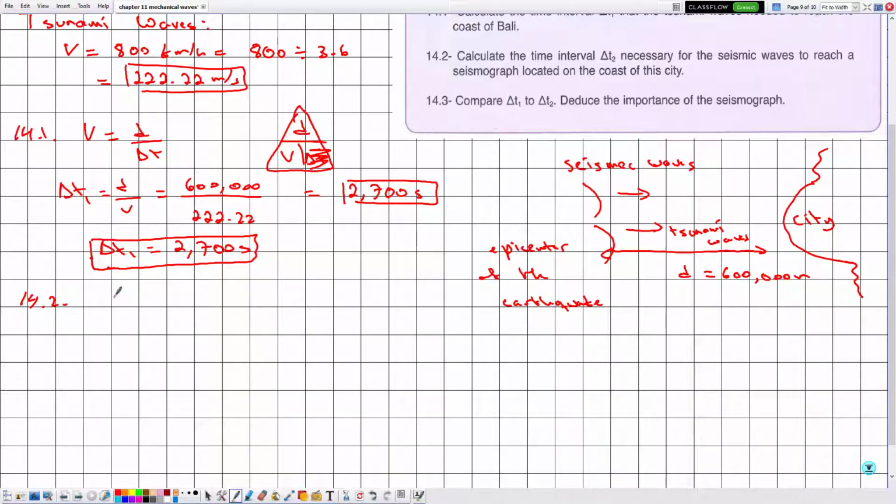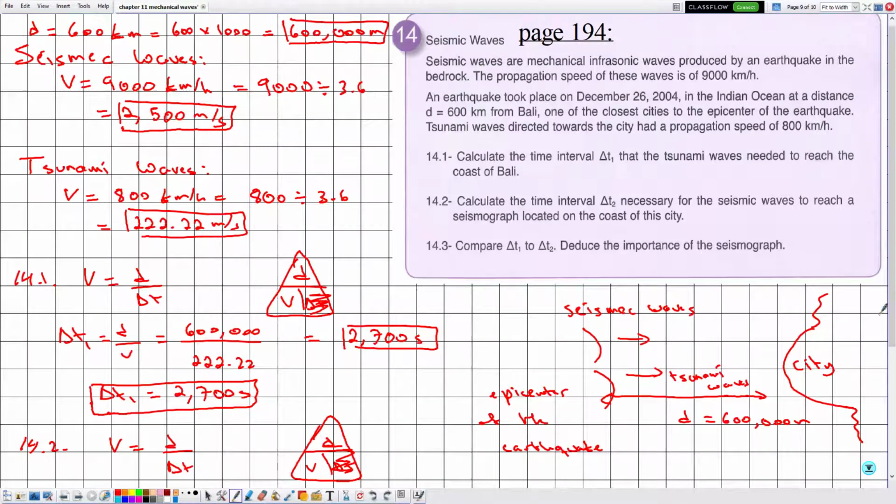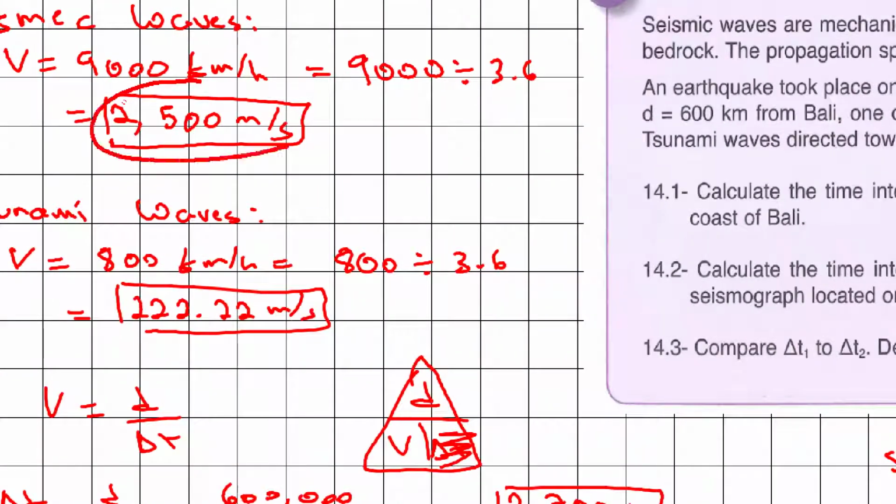So we will repeat the same exact steps, and we'll say that v is equal to d divided by delta t, constructing the triangle, putting our hand over delta t, then delta t2 would be given by d divided by v, the same distance separating both events, which is given by 600,000. Now as for the speed, here we'll use the speed of the seismic waves, which is given by 2500.